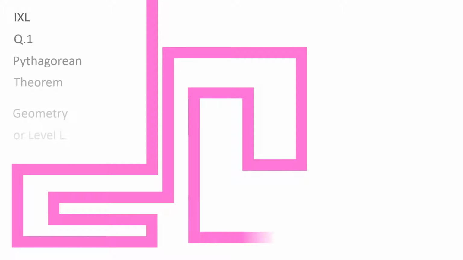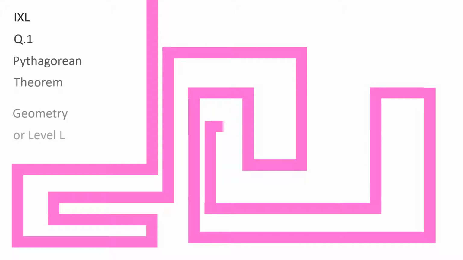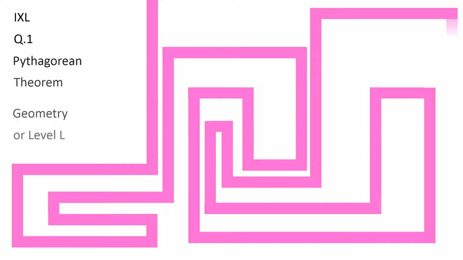Again, if you can find the geometry tab, that's just fantastic. If you cannot find the geometry tab, for some reason it's called level L. When I just go to the website, I see geometry, but when I log on as an administrator, it tells me it's level L, so I never quite know what you're looking at as a student.